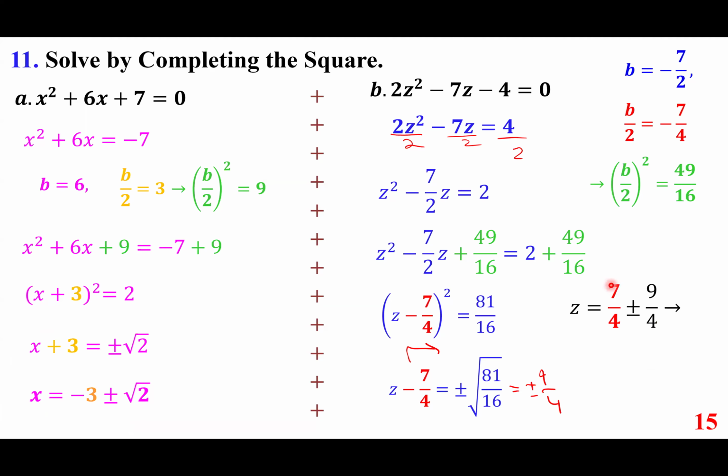So we either have 7 minus 9 over 4 or 7 plus 9 over 4. 7 minus 9, negative 2 over 4 is negative 1/2. 7 plus 9, 16 over 4 is 4. And those are the final answers.